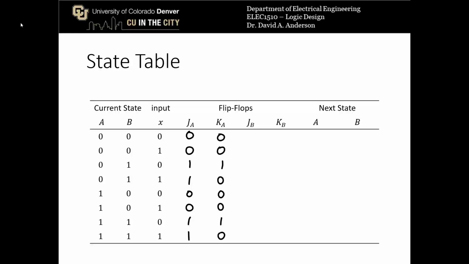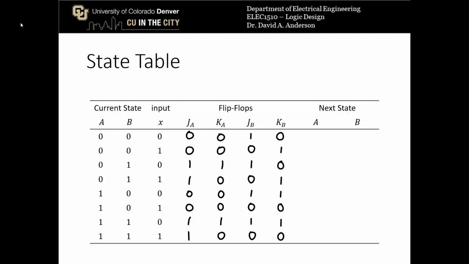That only happens in two places, so it's 0, 0, 1, 0, 0, 0, 1, 0. J sub B is X prime, so we just fill in that column as being the opposite of X. K sub B is X prime A or XA prime, so we can fill in that column as well.